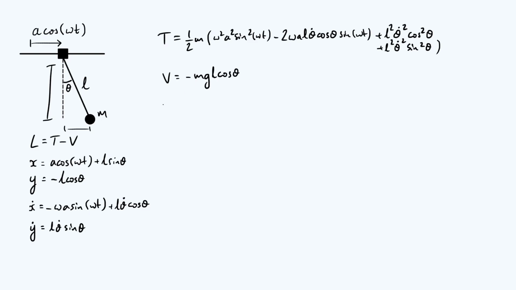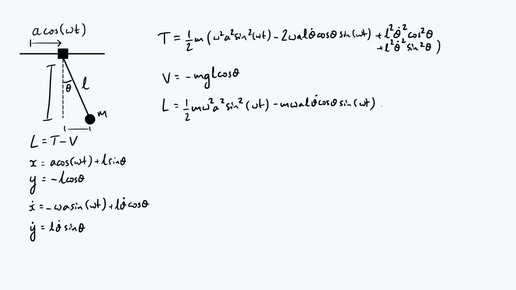So let's just write down our full Lagrangian and make a couple of simplifications. I'm going to expand the brackets in the T term, so you have a half m omega squared A squared sine squared of omega t. You've got the half cancels with the 2, so you've got minus m omega A L theta dot cos theta sine of omega t. Something nice happens with the last 2 terms.